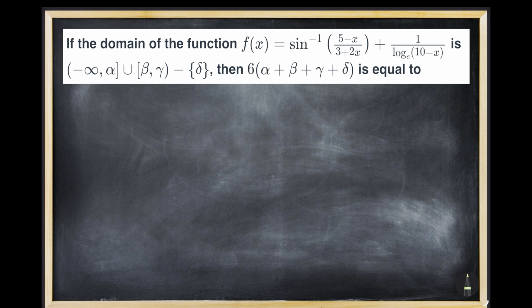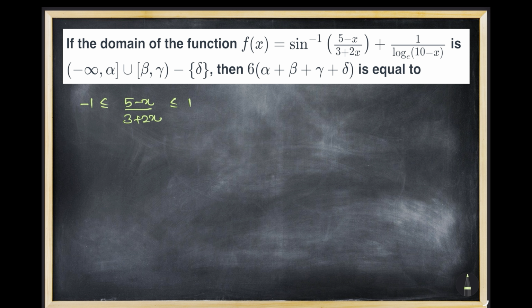Okay. So first we will decode sine. You know that the sine inverse function is defined if the argument is less than or equal to 1 and greater than or equal to minus 1. So we got (5 minus x) upon (3 plus 2x), and we have to solve this inequality. It has to be greater than or equal to minus 1 and smaller than or equal to 1, so you are using "and".